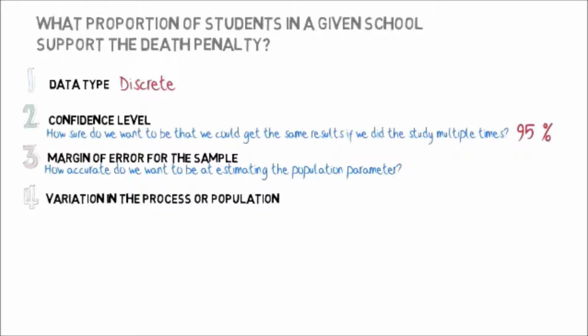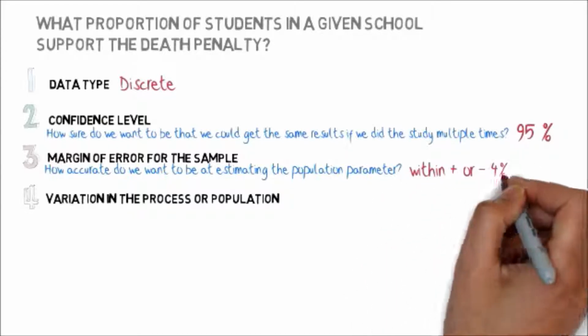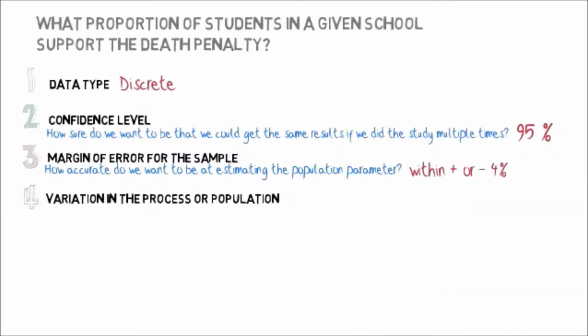For example, if we specify a confidence level of 95% and a margin of error of plus or minus 4%, and the result of our study determines that 30% of the students support the death penalty, it means that we have a 95% chance that the true population of students that support the death penalty falls between 26% and 34%.